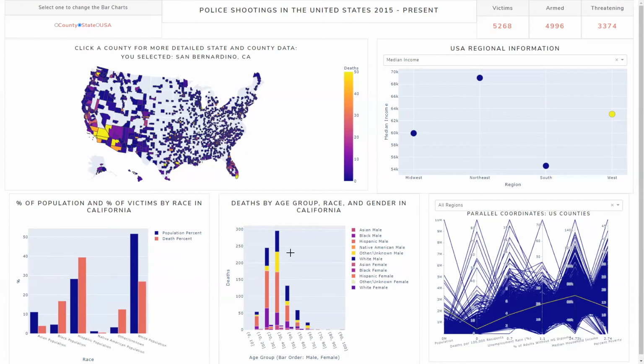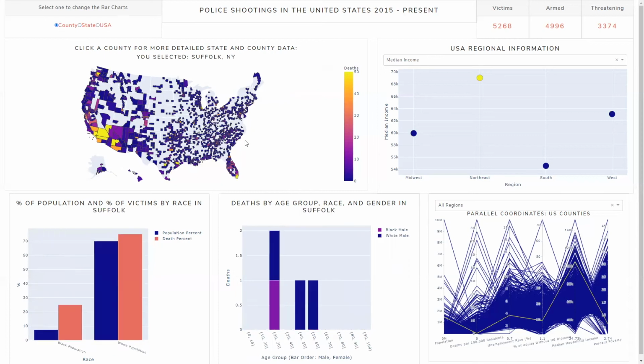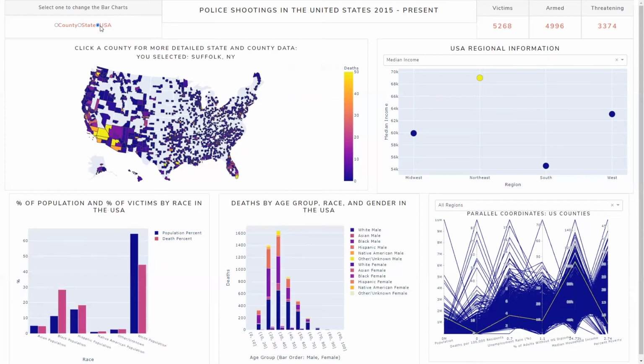We can also go somewhere with more relevance to us, such as Suffolk County, and we can see the deaths on a smaller scale. In this case, there are only 4 deaths, so they are organized as such. And if we go to the entire country, we get a much greater picture of overall potential bias in regards to police killings.